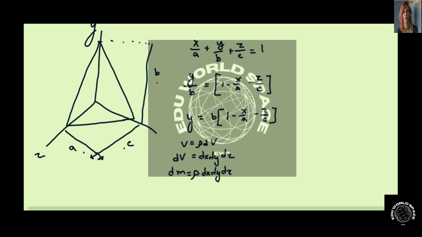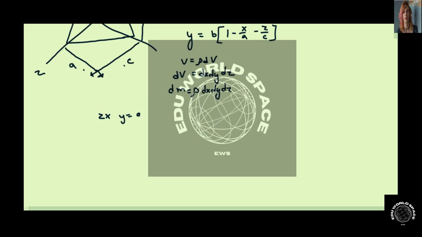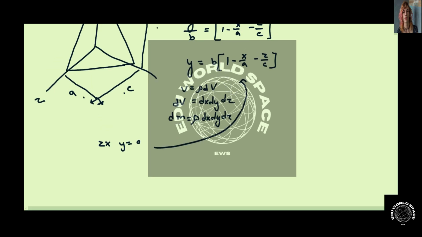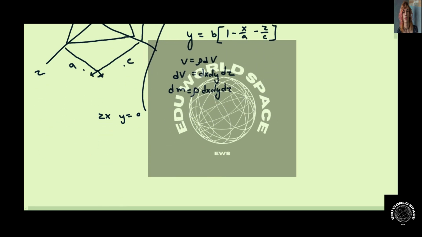And so here we go. We plug in for part A. For this, if we have the zx plane, y equals 0, we plug it into this guy right here, because if we put 0 over b, it's going to be 0.